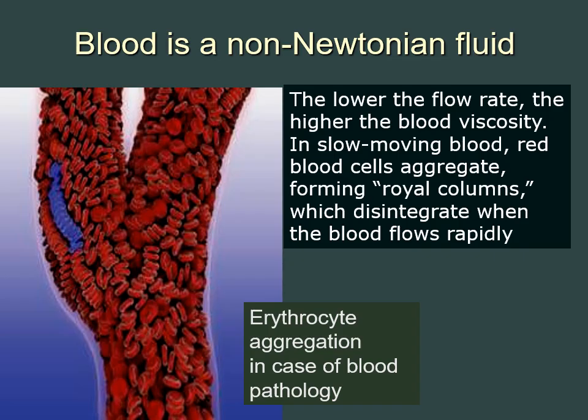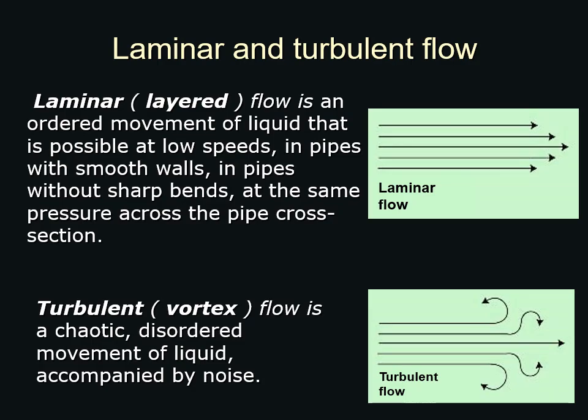The viscosity of blood in the venules is already lower, less than in the capillary network. So, let's take a short break, and after the break, the nature of the flow, and the next parameter, blood pressure.